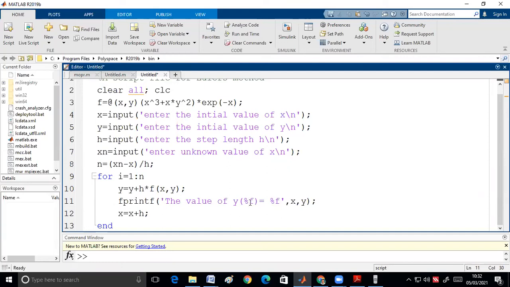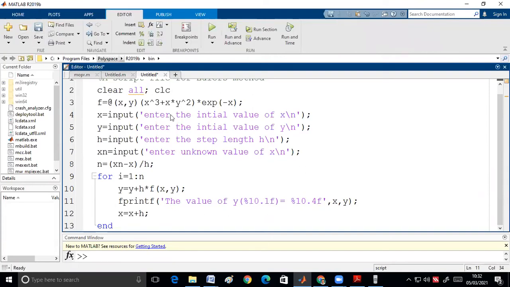Okay, I will use 4 decimal accuracy, 10.4. But x value is only 1 decimal accuracy. That's why I will take only one. Okay. Now program is completed. Now save this program.